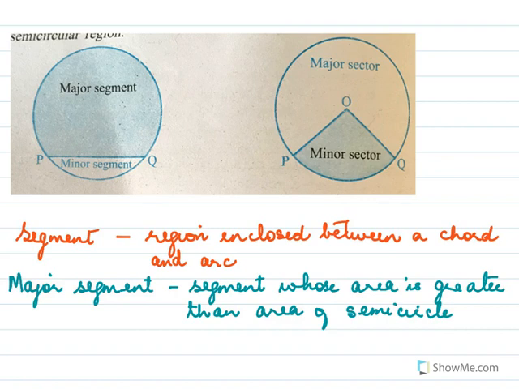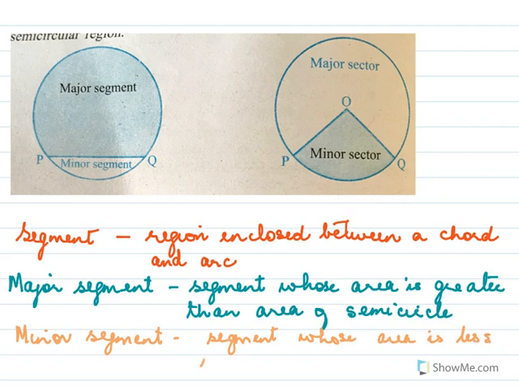And minor segment is the segment whose area is less than area of semicircle.